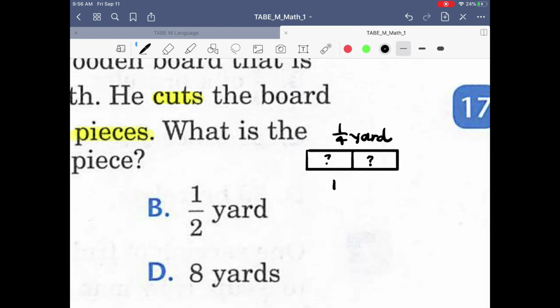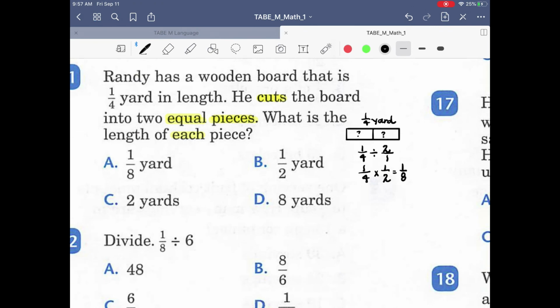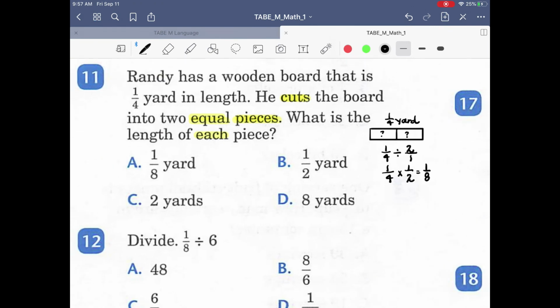So we are saying 1/4 divided equally into 2 parts, 2 pieces. 1/4 times 1/2 is 1/8. 1/8 of a yard is my answer. So the answer to number 11 is A. 1/8 of a yard.